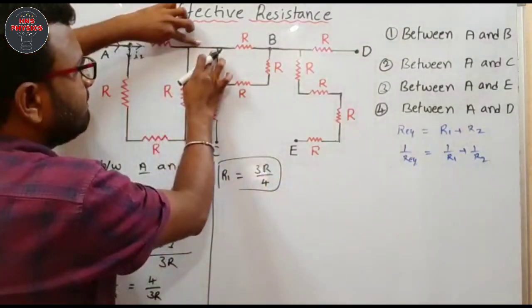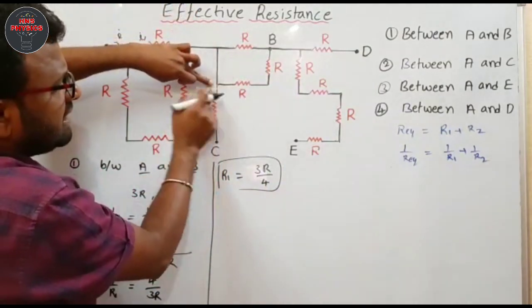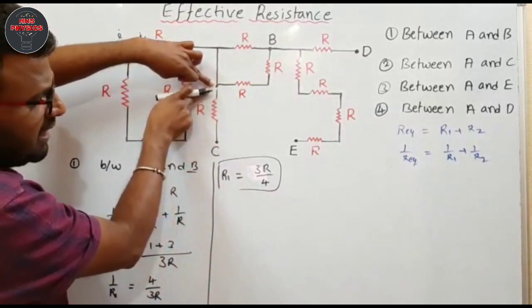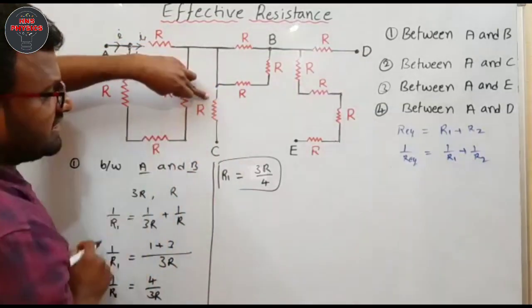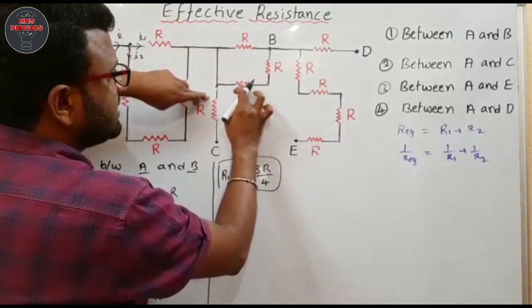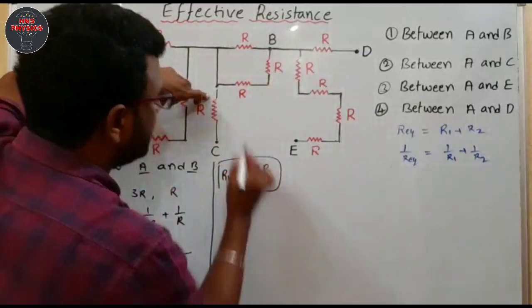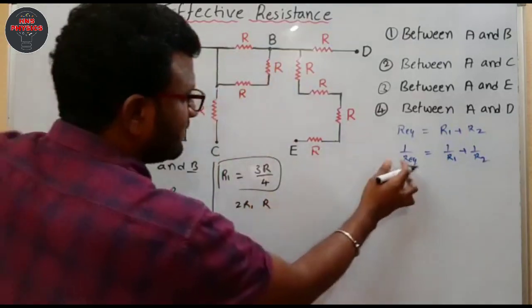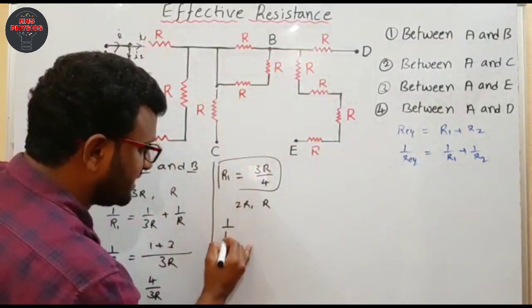Next, between A and B, this resistance will be open. Open means there is no current flow through this resistor. So these two are in series connection, R plus R, 2R. This effective resistance is parallel to this one. According to the formula, I am going to call that effective resistance R2.